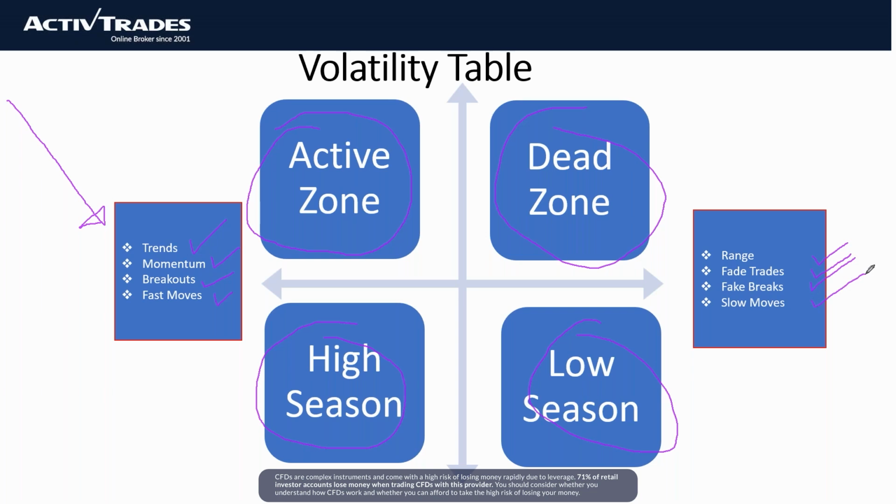And so, as I said, taking the time to understand not only the asset class, but the instrument you're engaged with, and understanding, are we in a high season between September to April, or are we in a low season between May to August? But also understanding the active zones and dead zones.